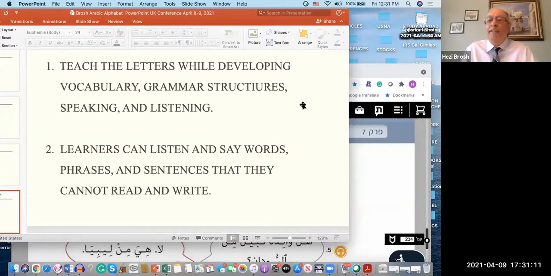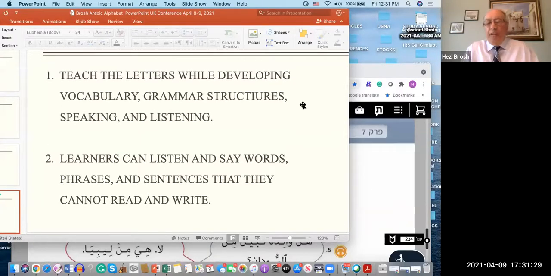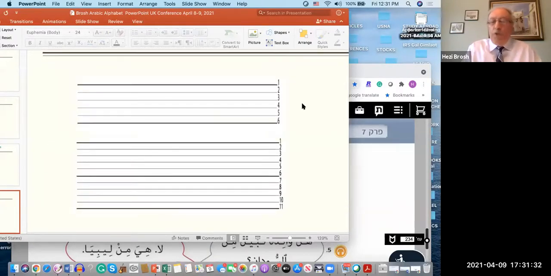I will not wait until I teach them the ha and the kaf and the lam for them to say Kaifa haluka or Sabah al khair. They can say Sabah al khair. I will not wait until they can read it.